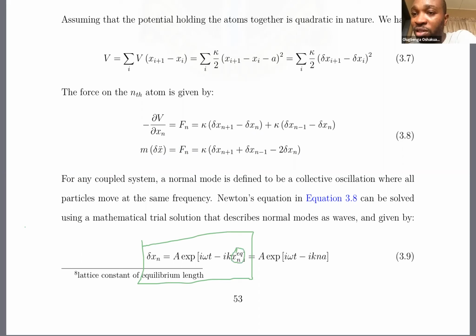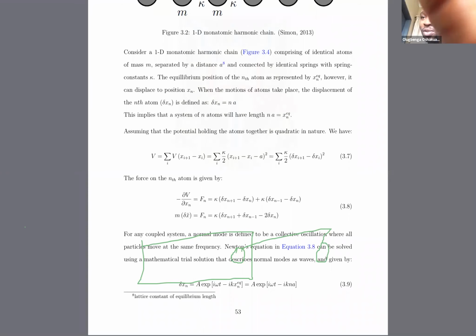The only difference here is that X equilibrium is as good as the product of NA, as we've said before. If you want to go through the steps, that's straightforward.